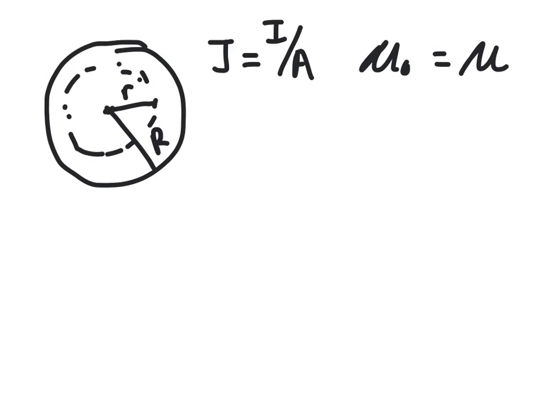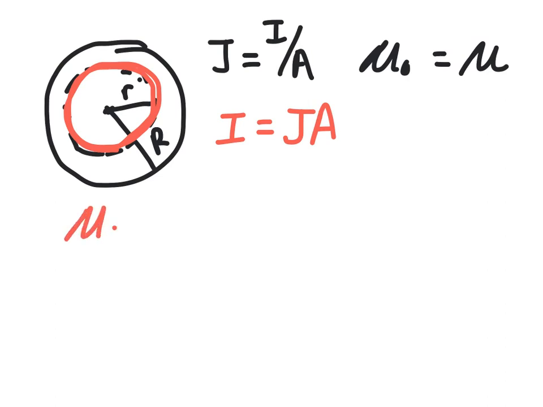The first step in any problem using Ampere's law is to draw the Amperian loop, which we've defined right here. It's at that radius little r. Now, one more thing: I is equal to JA, and this is a uniform current density. I'm going to write my equation out. Mu naught I, Ampere's law, is equal to the path integral of B dot dl.